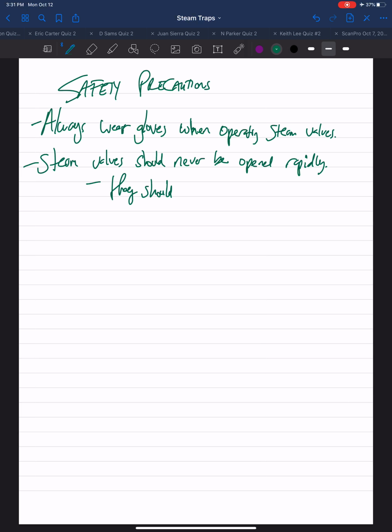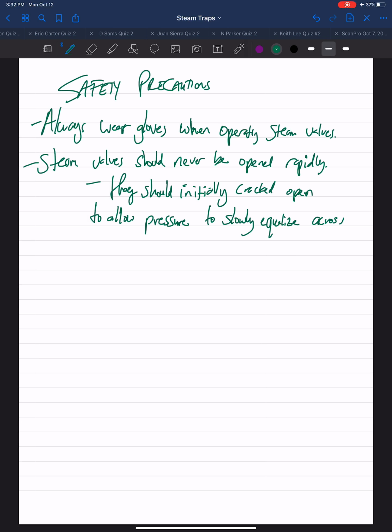They should be initially cracked open to allow pressure to slowly equalize across the valve.